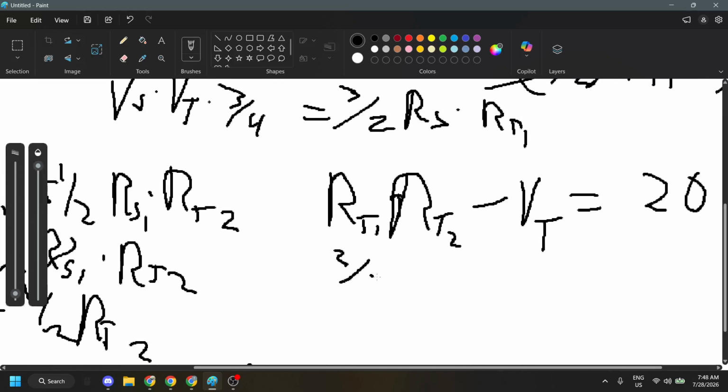So it's going to be 3/2 RT1 minus VT is equal to 20. If I were to subtract this, could I factor out? I can't factor out RT1 minus VT.